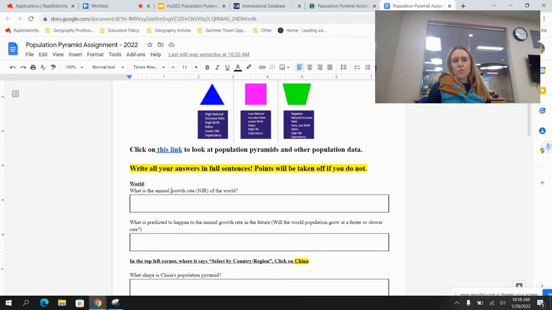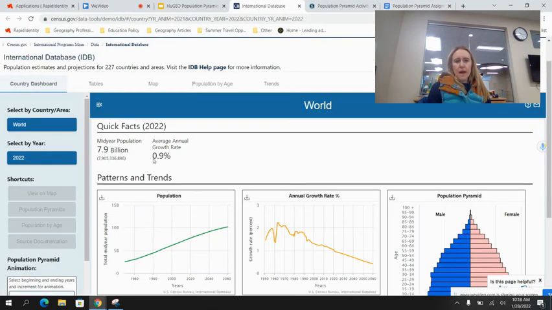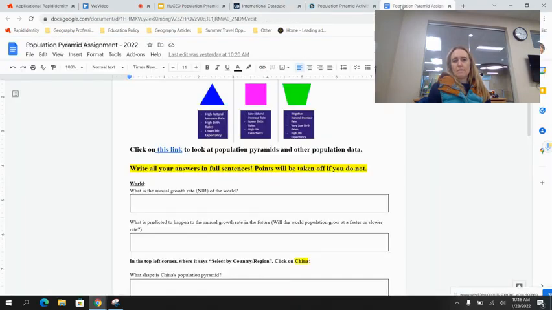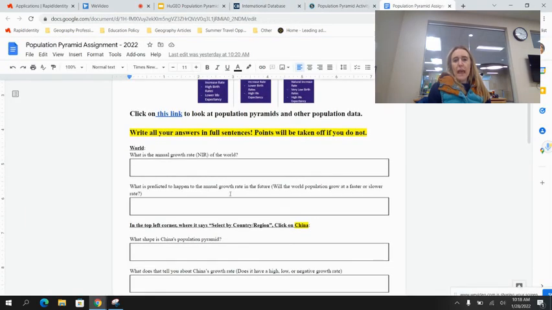The first question says, what is the annual growth rate of the world? You are going to find that by looking here. Okay, so the annual growth rate is 0.9%. That means every year we grow by 0.9%. And then what is predicted to happen to the annual growth rate? Will the world population grow at a faster or a slower rate?